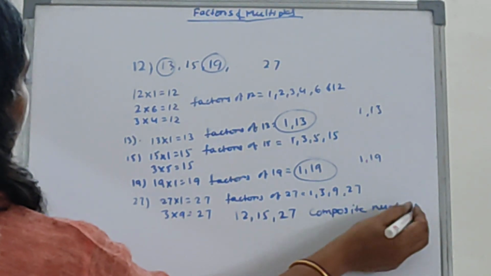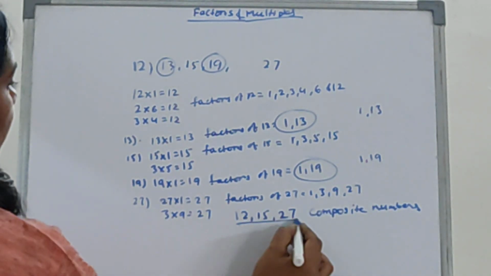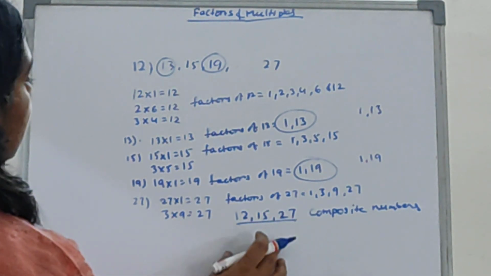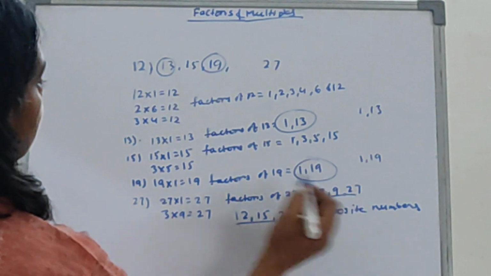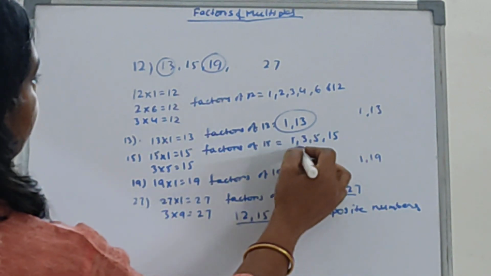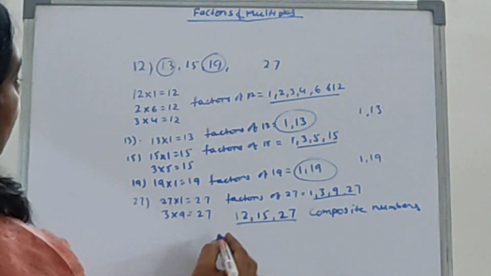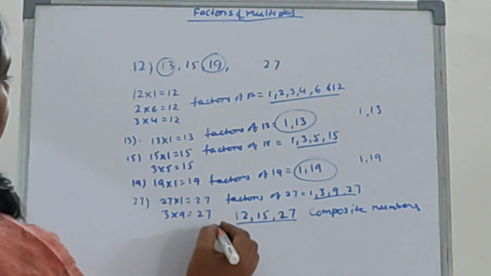Why? Because they have more than two factors. More than how much? Two. That's why they are called composite numbers.